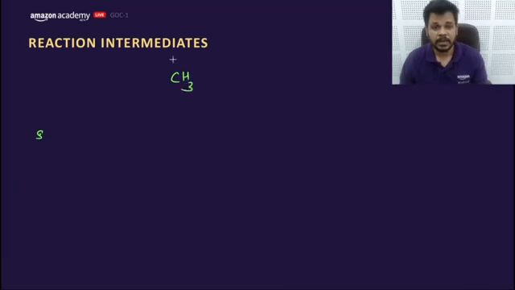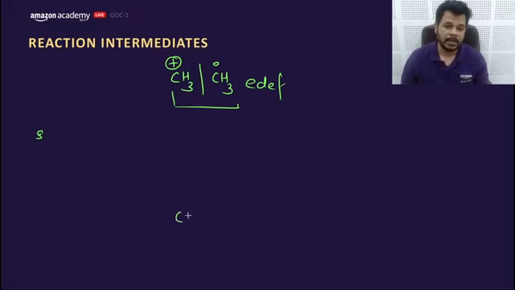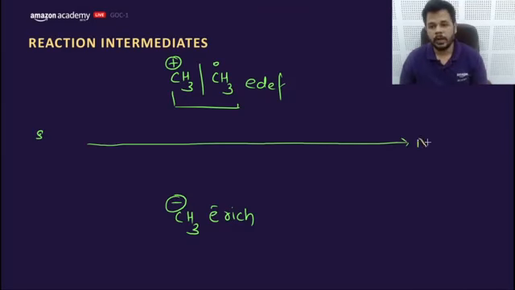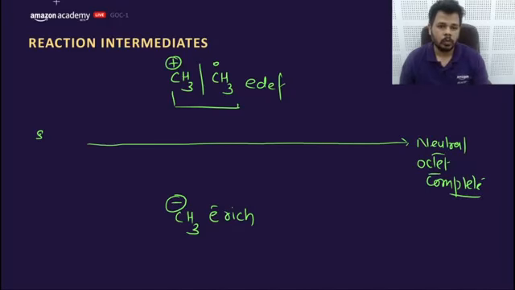CH3 plus, the carbocation, and CH3 dot, the free radical, are both electron deficient species, and CH3 minus is electron rich. All are very unstable species. They want to convert into a neutral species which has a complete octet. So anything which helps them reach there will stabilize them.